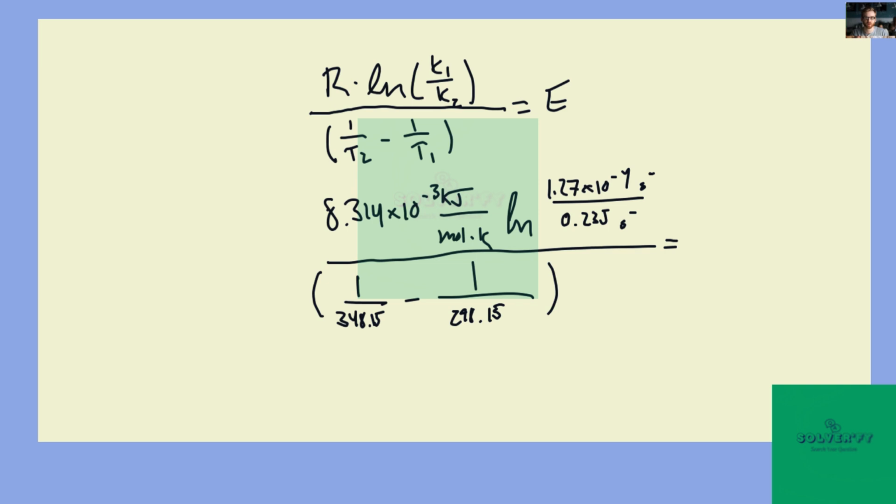So up top, we'll get 8.314 times 10 to the negative 3. Multiply that times the natural log of 1.27 times 10 to the negative 4 divided by 0.235.